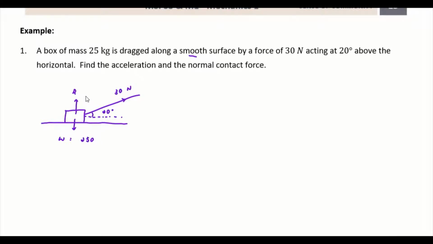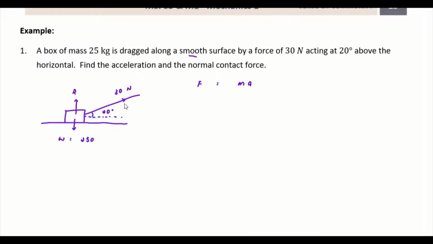If we want to find the acceleration, we need to apply Newton's second law of motion, F equals ma. Since there's no friction, the only force that we have is the force for the drag. So the force will be equal to ma.